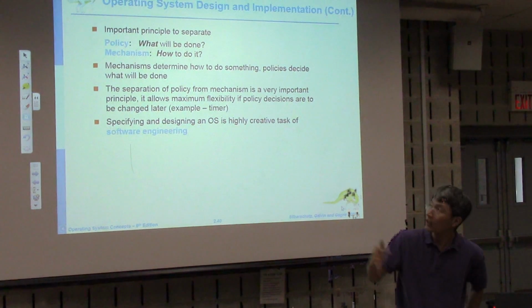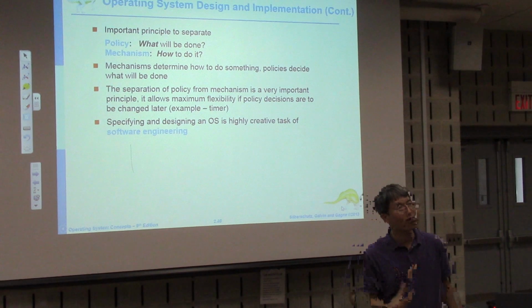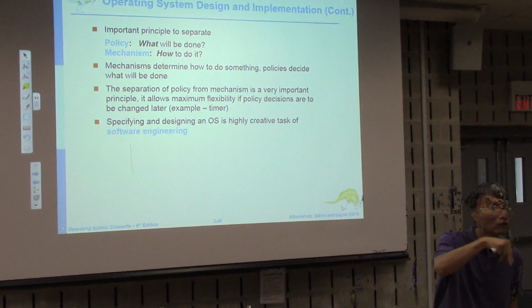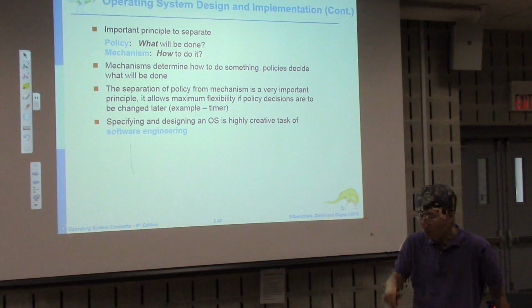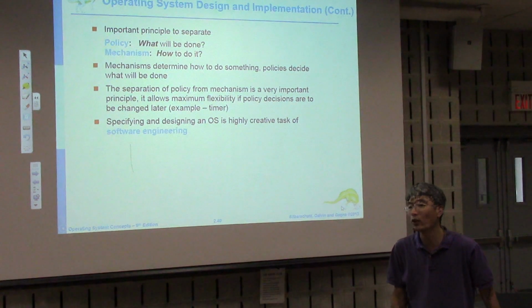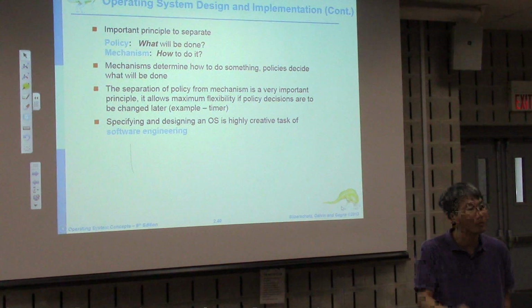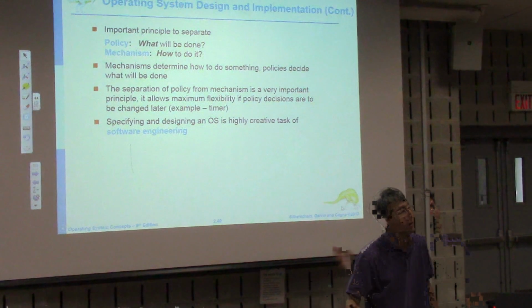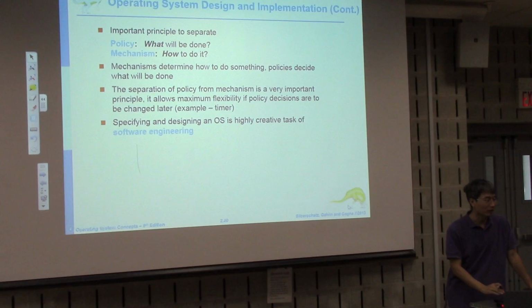So at that time we need the policy. Then how can we implement such a policy? You need to find the mechanism, the algorithm. First come, first served, or priority based, or some other algorithm. You need to find such a mechanism, then implement it.